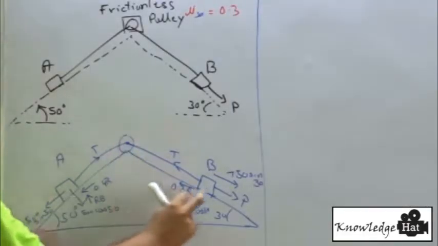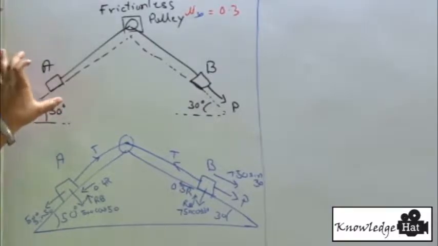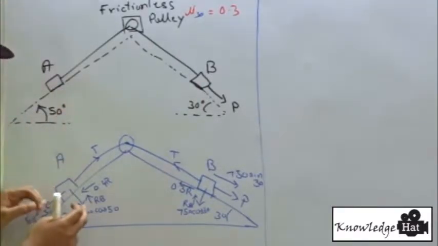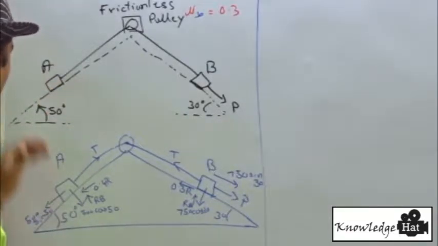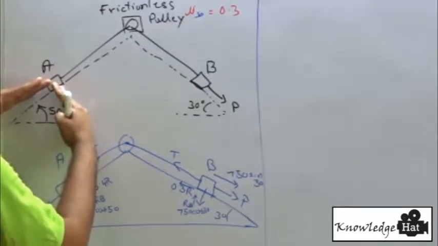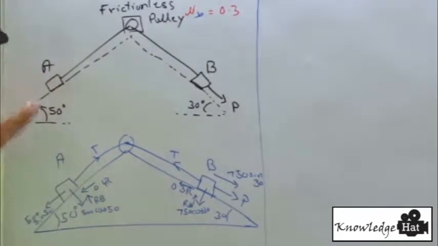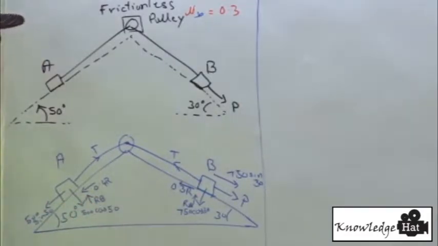There's a pulley and there are two blocks. The weight of the first block is given as 500 kilograms. It will be resolved in two components. First is the horizontal component, which is 500 sine of 50 degrees, and then the vertical component, that is 500 cos of 50 degrees.